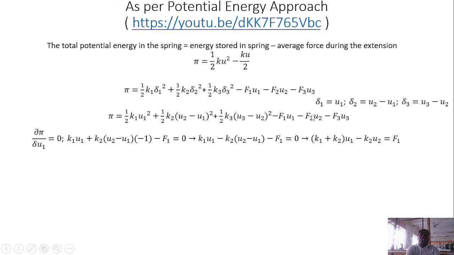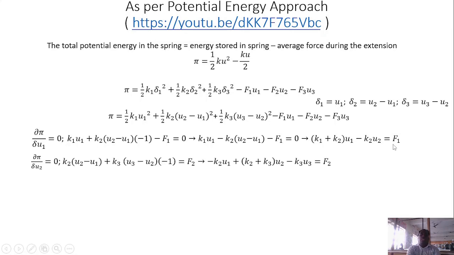So those two terms are 0, but F1 is available because it has U1. So minus F1 is equal to 0. Now further I can simplify. How? I can multiply the K2 with the internal terms, K2 into U2 and K2 into U1. Likewise I can simplify. From this I can get K1 plus K2 into U1 minus K2 U2 is equal to F1.